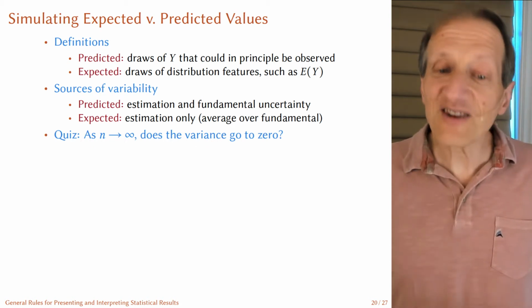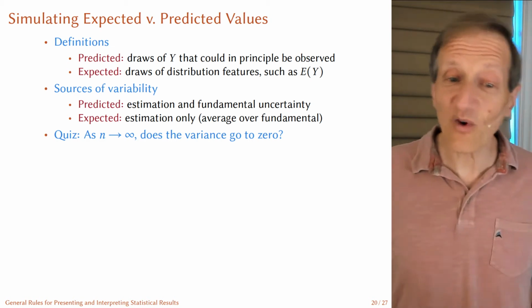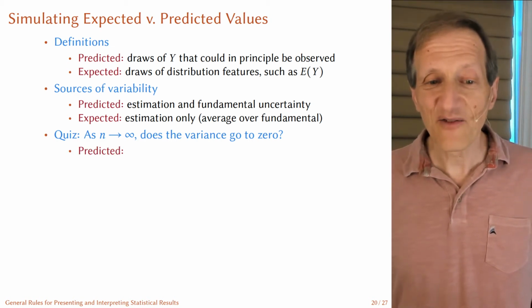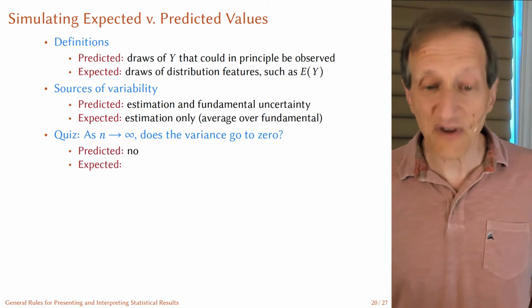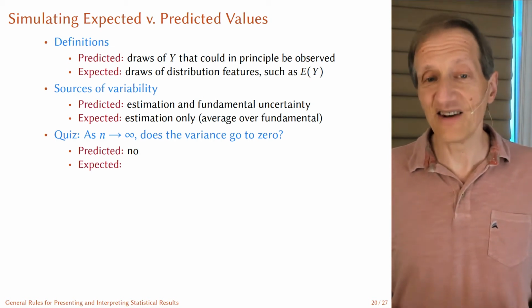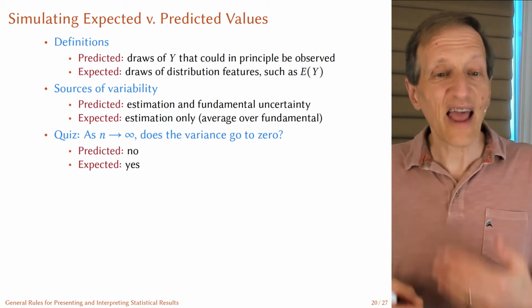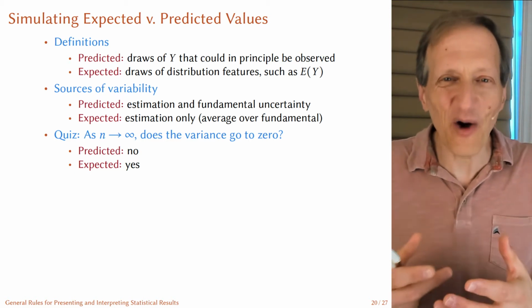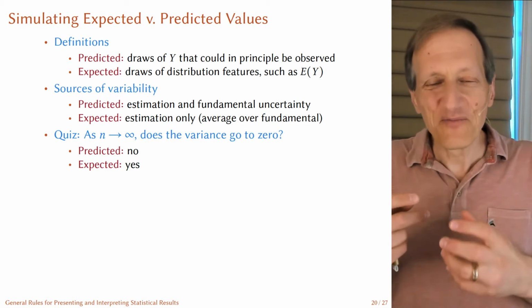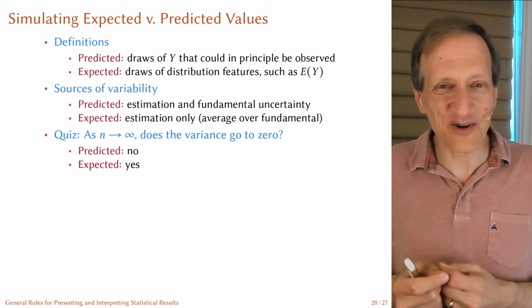So as n goes to infinity, does the variance go to 0? Well, what goes to 0? For the predicted values, no, it doesn't, because there's fundamental uncertainty. Even though for the expected values, as n goes to infinity, our inadequacies basically go away, and therefore we presumably get an exact estimate of the alpha and beta parameters that we would like to estimate.